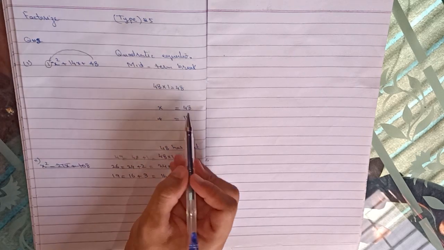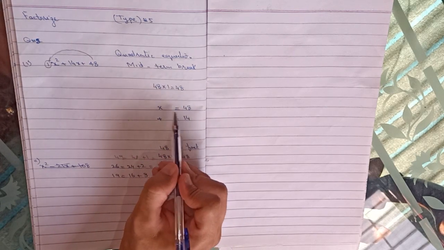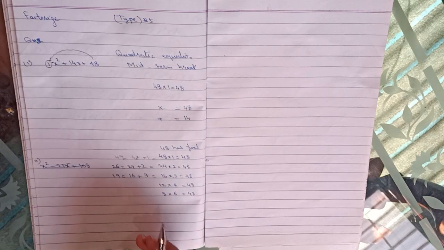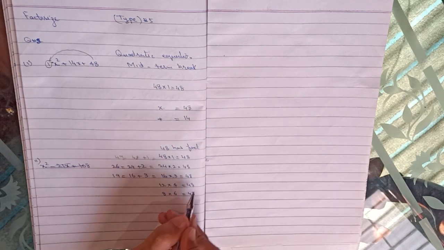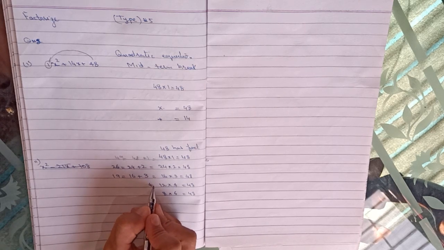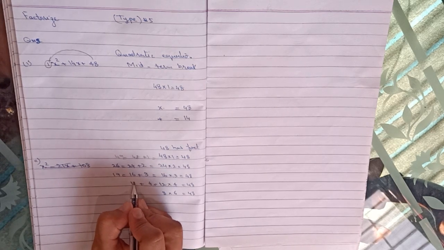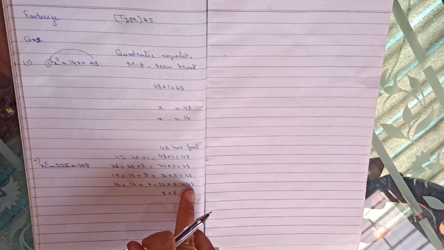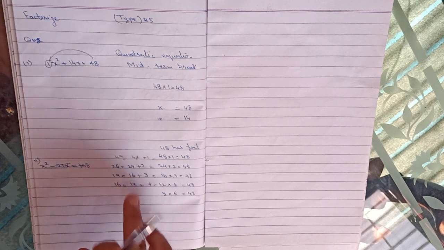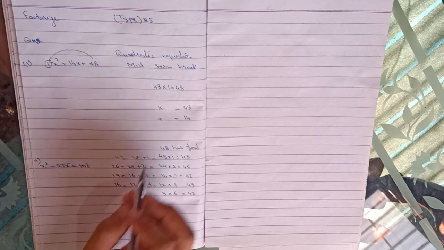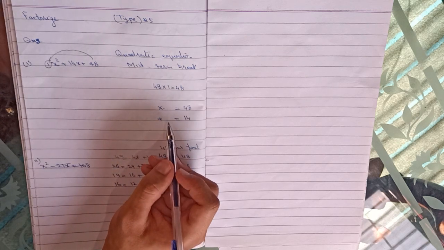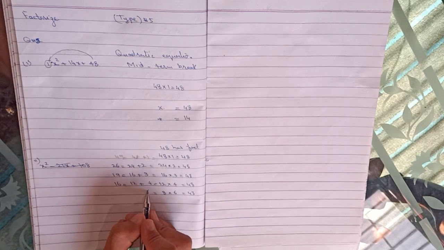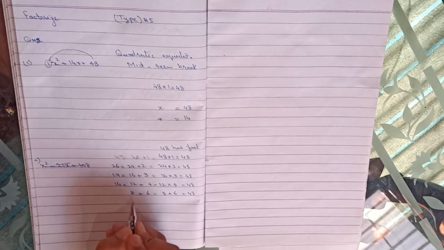We need to select two factors of 48 whose product is 48 and whose sum is 14. Now the next numbers, 4 multiplied by 12 is 48, but 4 plus 12 is equal to 16. It means we need the numbers whose product is 48 but whose sum is 14. Now 6 multiplied by 8 is 48, and 6 plus 8 is equal to 14.